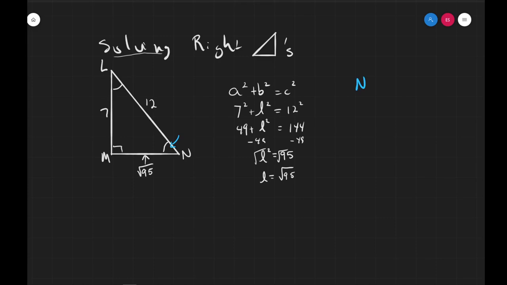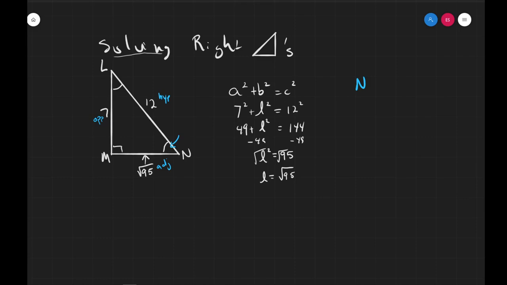If I'm looking at angle N, I'm going to use this side LM, which is the opposite side, and LN, which is our hypotenuse. And just for good measure, this guy right here is our adjacent side. I'm not going to use this side, because if I made a mistake there, I don't want it to show up in our angle as well. So I'm going to use the sides that are given to me.